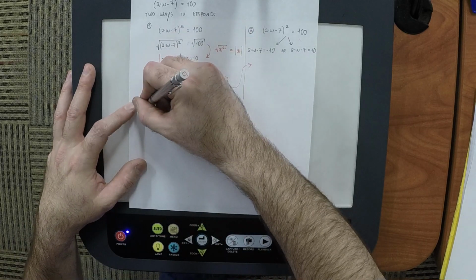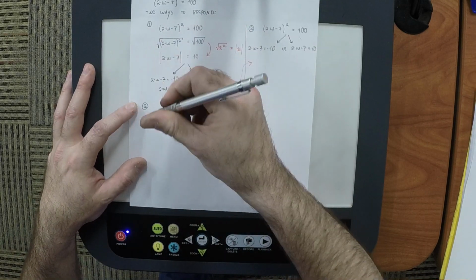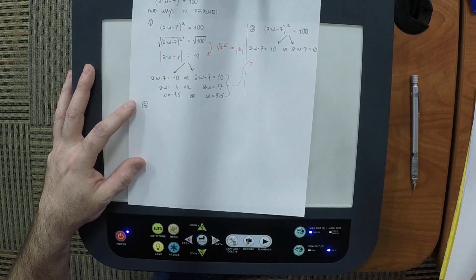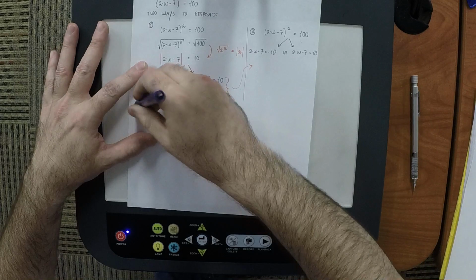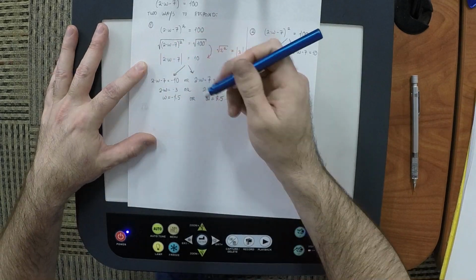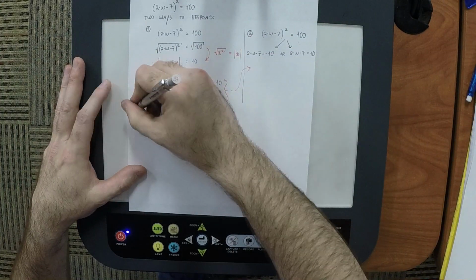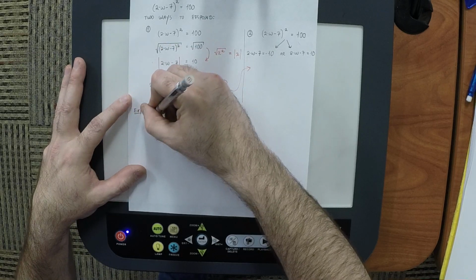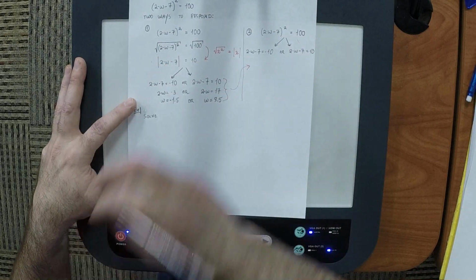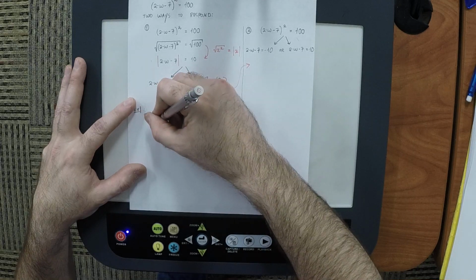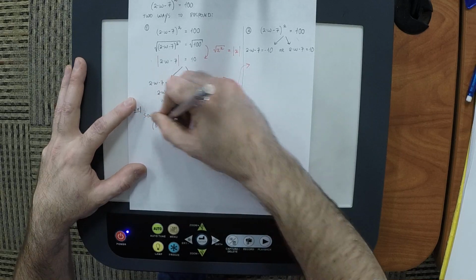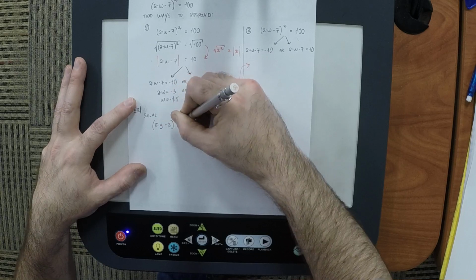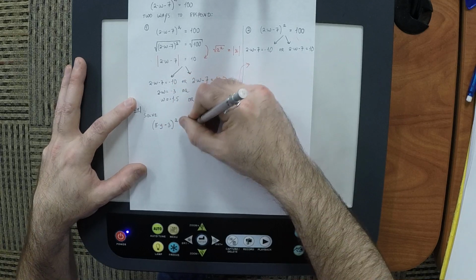All right. So how about this one? Please solve 5y minus 3 squared is equal to 7.